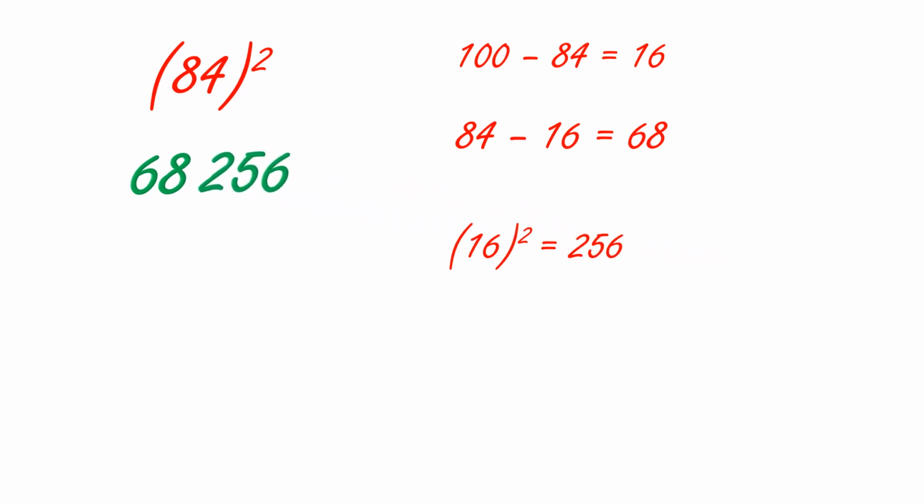Definitely it contributes to my second part, but I have to keep only the last 2 digits of it as they are, and I have to carry forward 2. So it is 7056. My answer is 7056, which is 84 square. I hope this is clear.